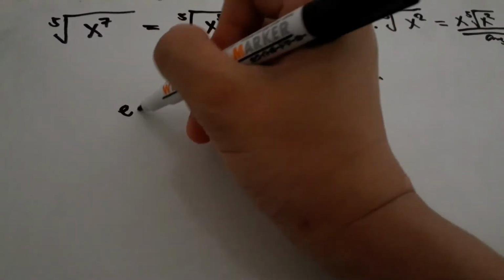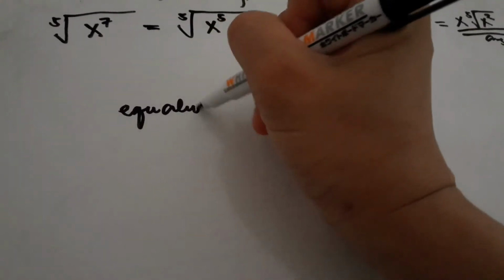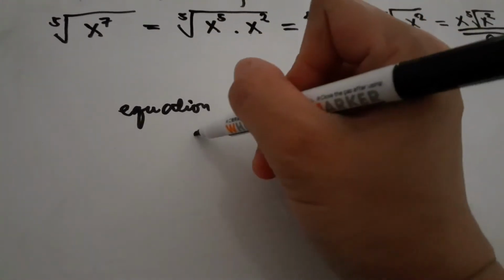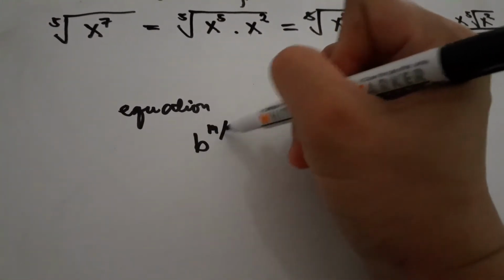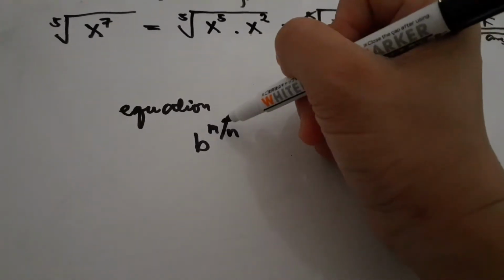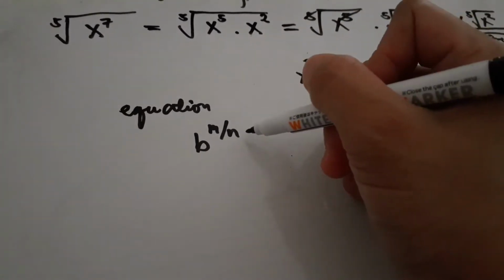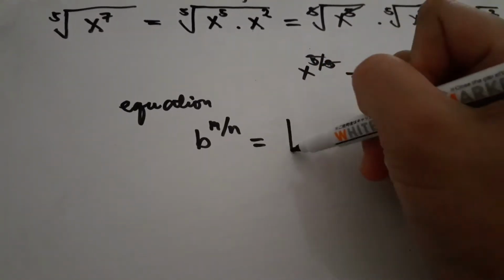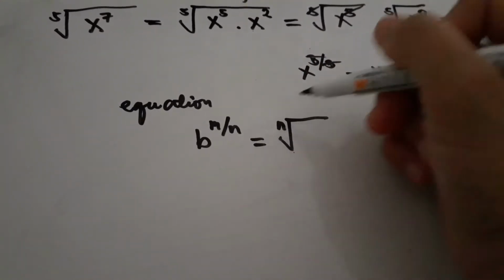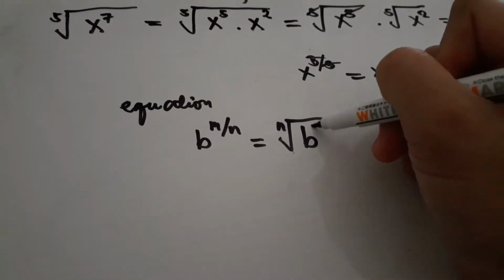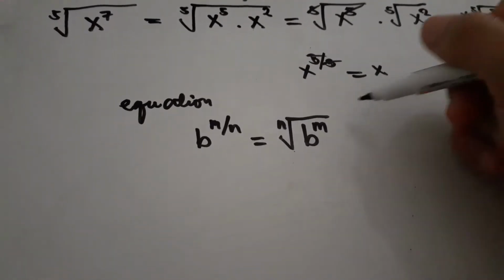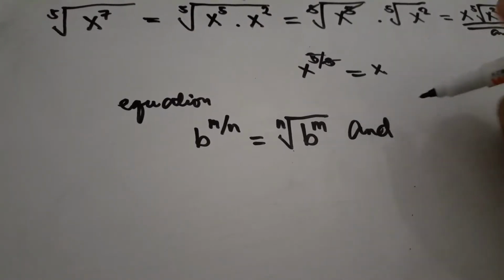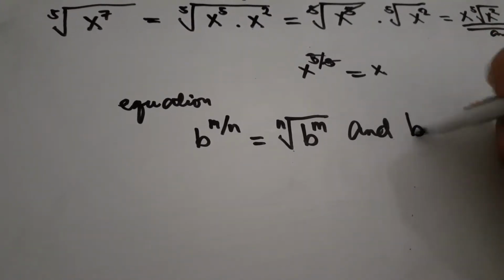How can we write exponential expressions such as b to the m over n in radical form? Use the denominator n as the index of the radical and the numerator m as the power of the radicand or as the power of the radical.